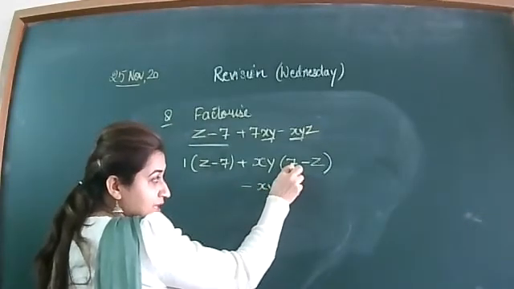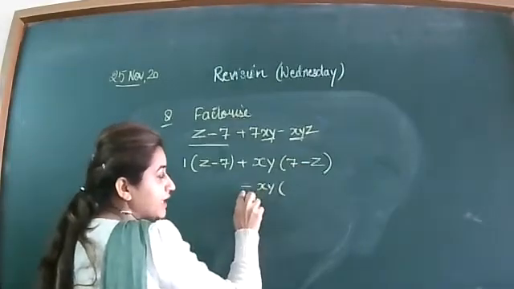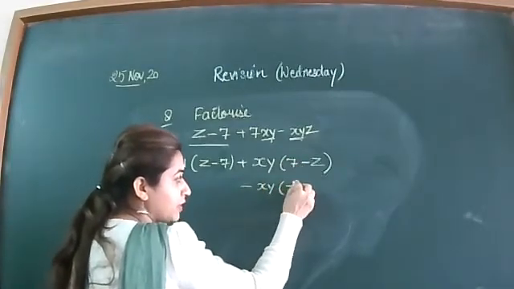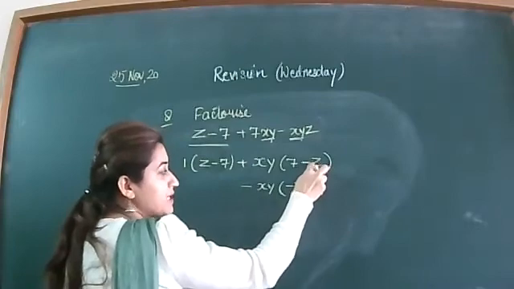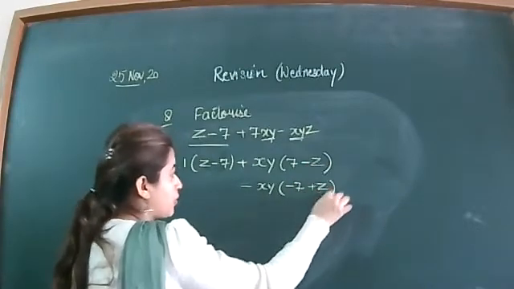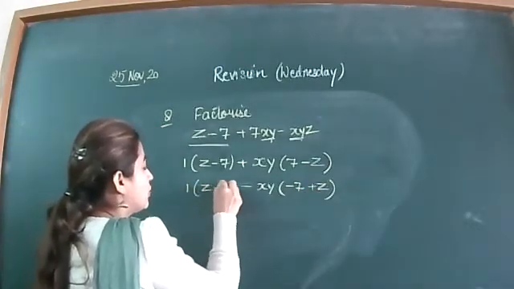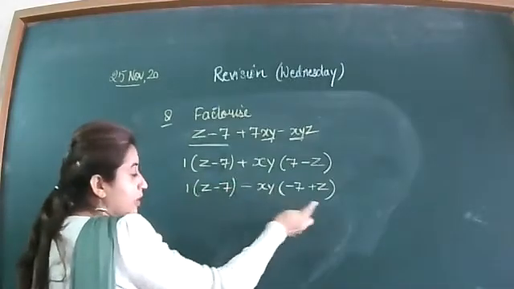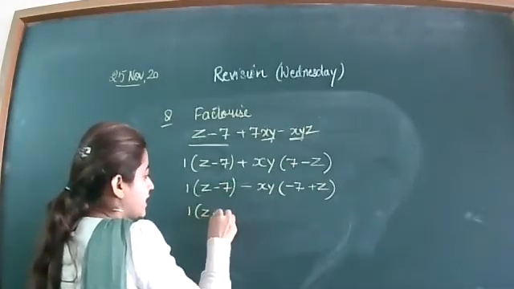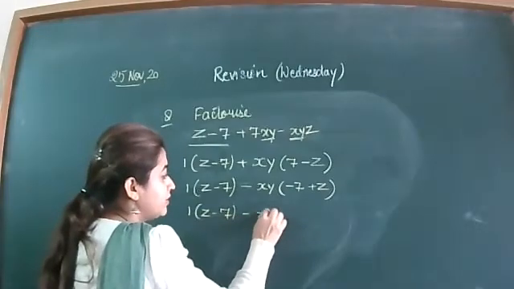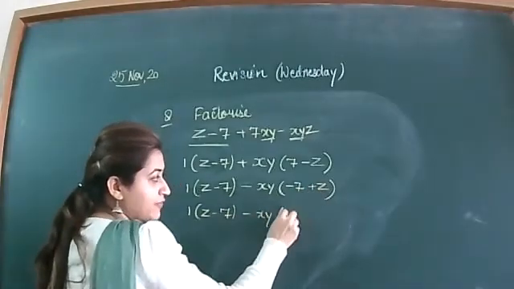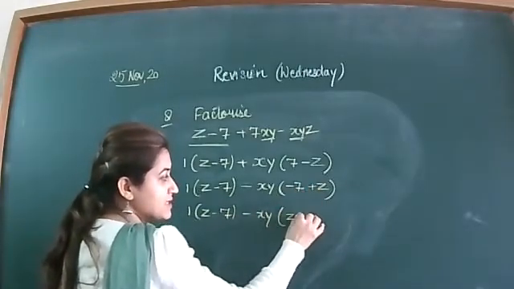As you can see that 7 is positive, after taking negative common, this positive term will become negative and this negative term will become positive. So now write it in proper manner. Z will come first because it is positive and 7 is negative.